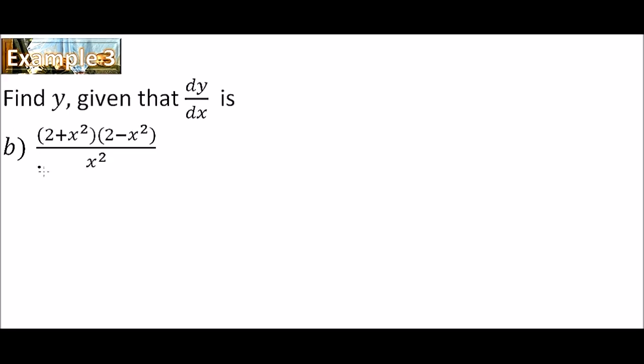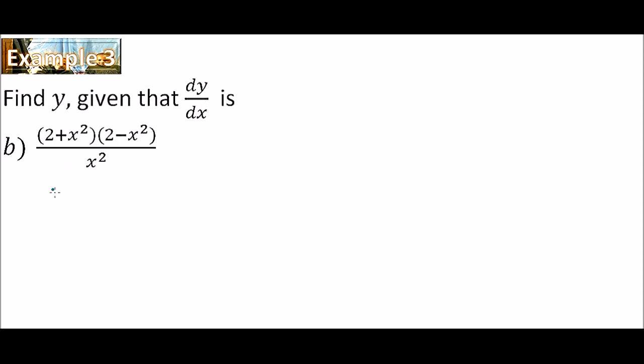So in this example, we are supposed to find y given that dy over dx is (2 + x squared)(2 - x squared) divided by x squared. So we first of all expand the numerator.